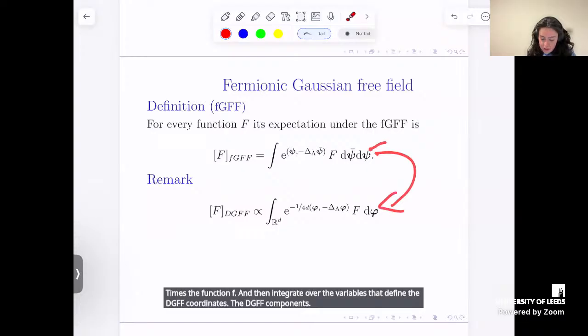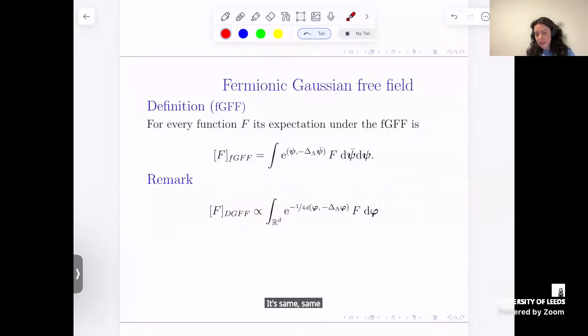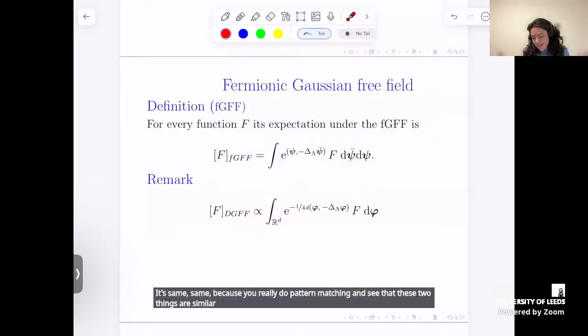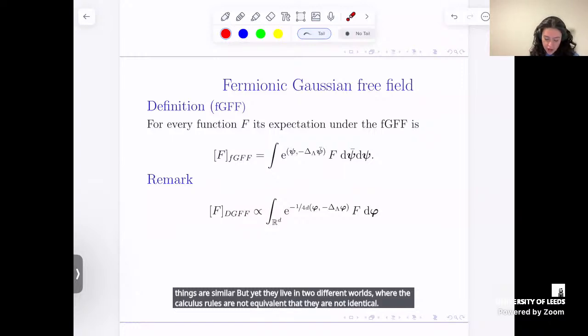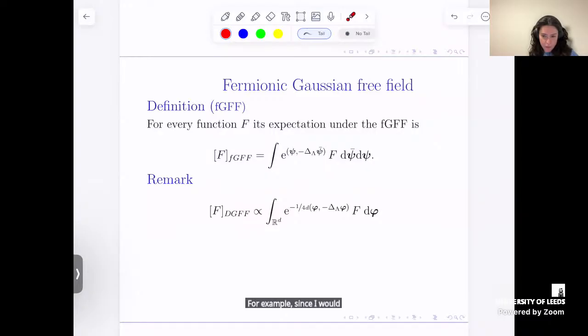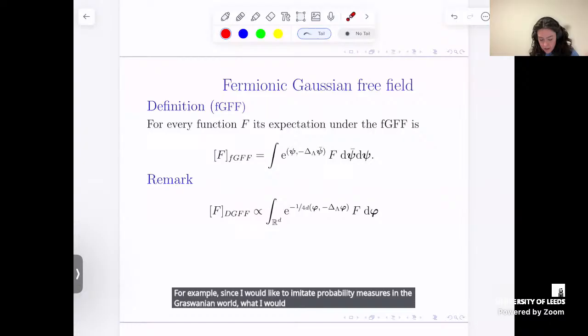So you really do pattern matching and see that these two things are similar, but yet they live in two different worlds, where the calculus rules are not equivalent, they are not identical. For example, since I would like to imitate probability measures in the Grassmannian world, what I would hope for is that this integral, without the f, this total integral, has finite mass, let's say, has a finite normalization constant.